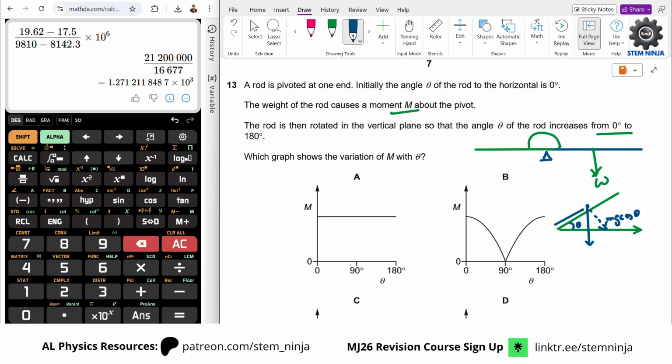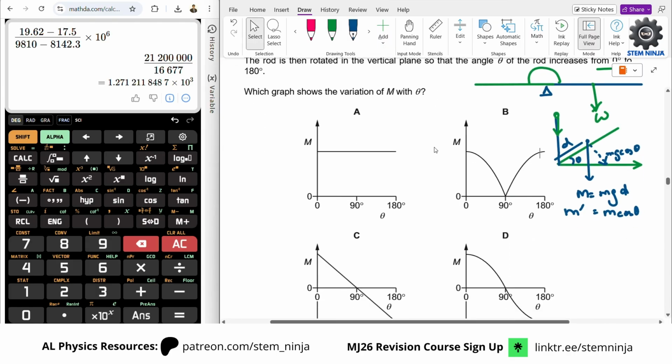Whatever the distance was, whatever the original force was, it doesn't say if it was a uniform rod or something. So if originally M was mgd, now it's going to be mg cos theta d. So the new moment is M cos theta. And at 90 degrees, the weight will actually be passing through the point of pivot, so at that point, the moment will be 0.